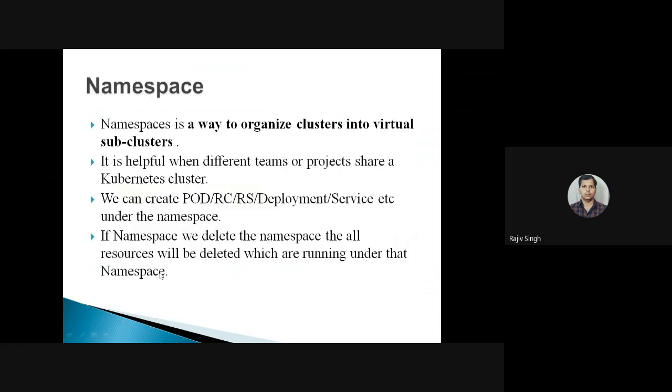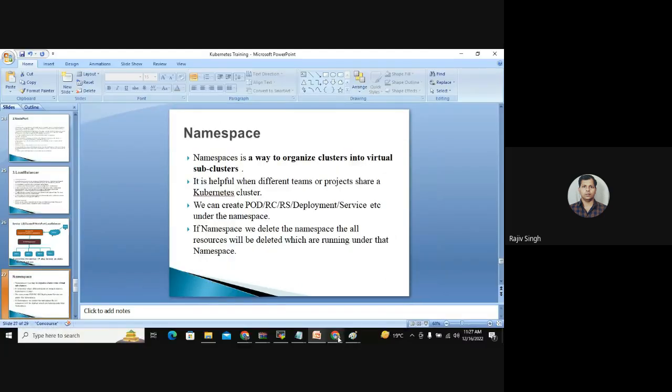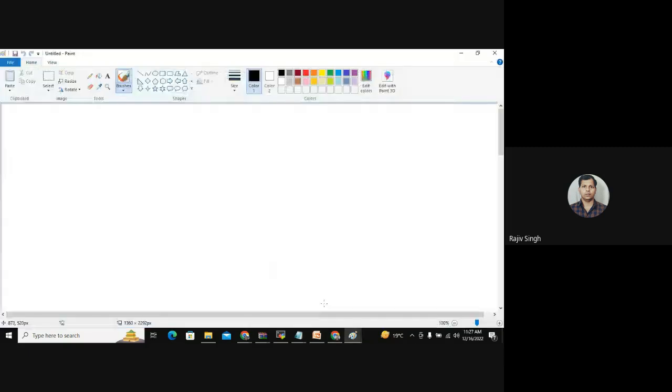Now we will discuss namespace. Namespace is, you can say, the virtual boundary of projects. So what is a project here? Let me explain again with the help of MS Paint.